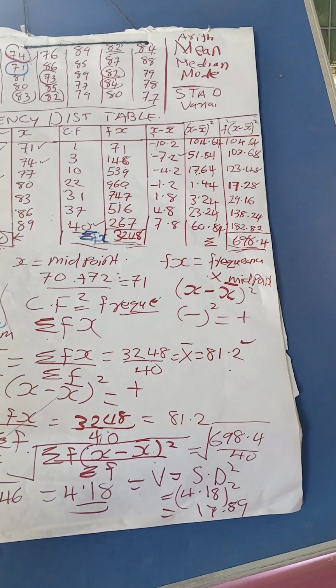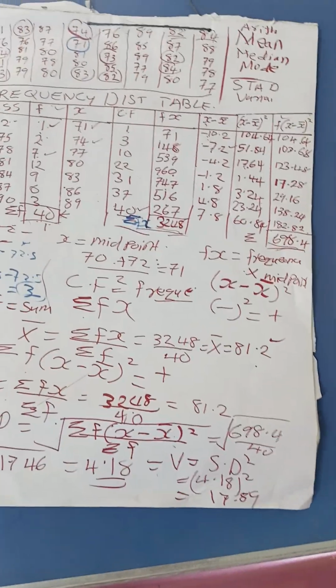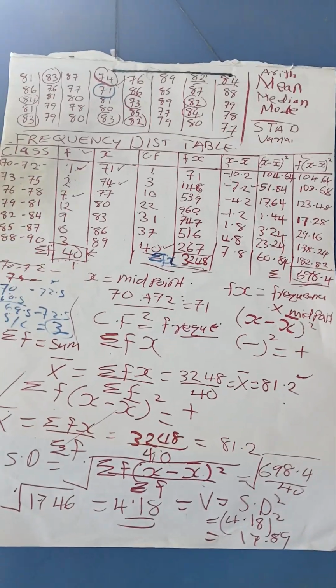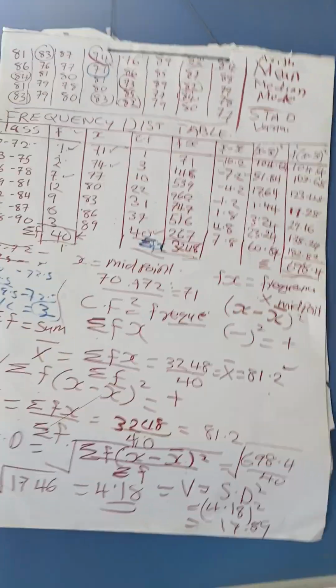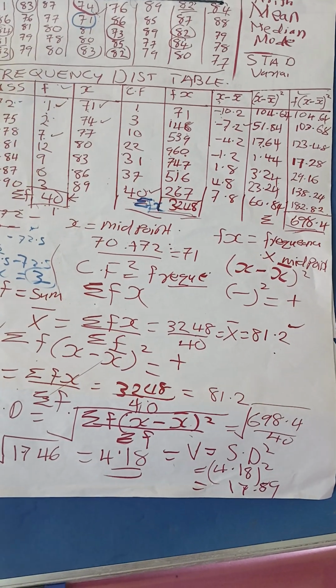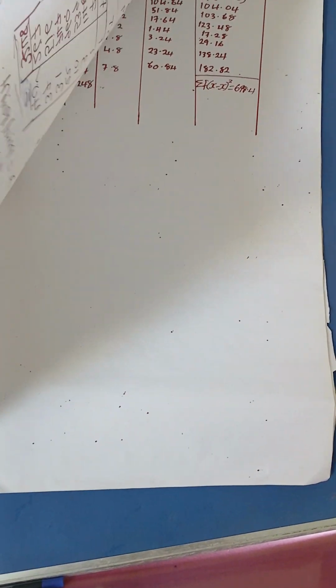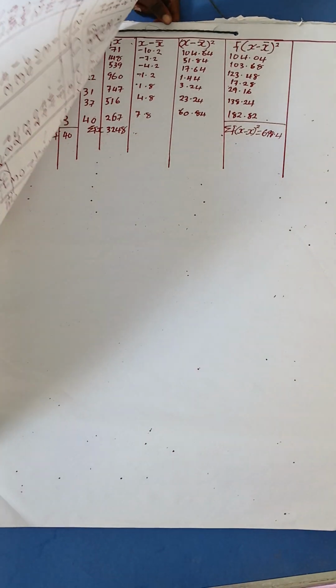Good. Now, learners or my fellow comrades, you realize on this table, we have already found the arithmetic mean, we have found the standard deviation, we have found also the variance. Let us now, on the same table, find median. This is a question where we have to get 20 marks, get an A and score, go home smiling.